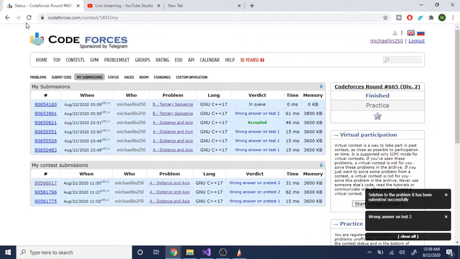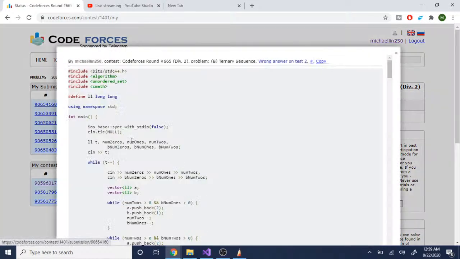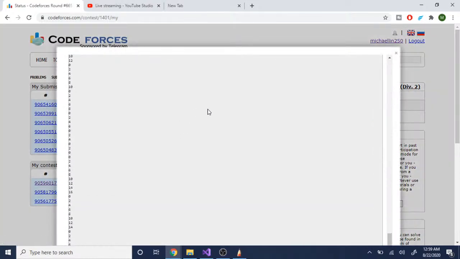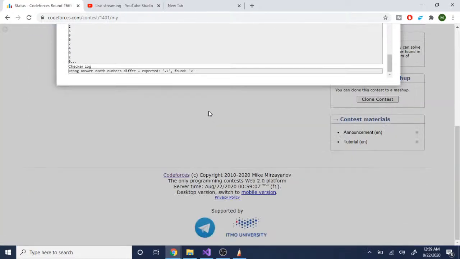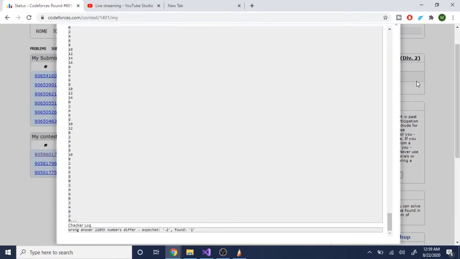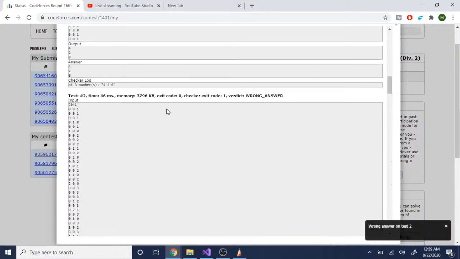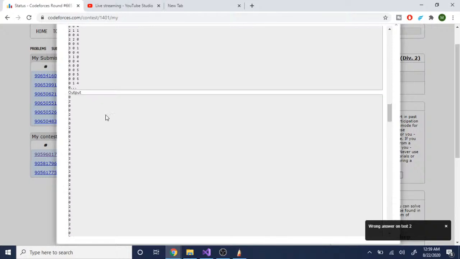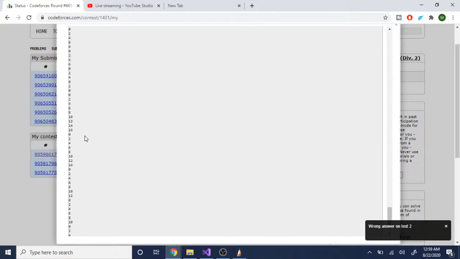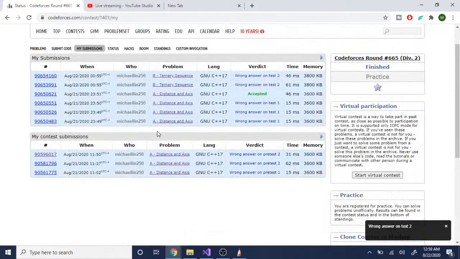Wrong answer on 2. What's the problem? Expected negative, found 2. How did I get even greater? I have no idea. I don't want to go through all 200 of these. Okay. There's something wrong with my code.